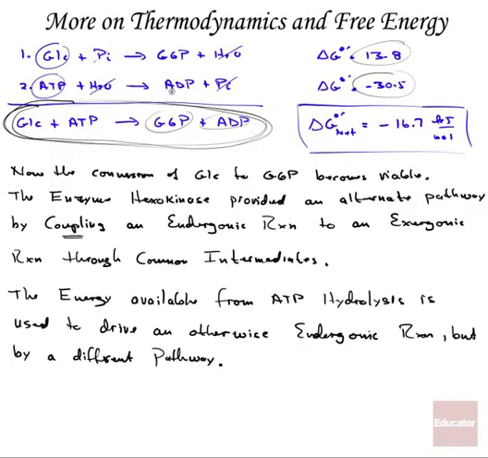So neither one of these reactions is taking place. ATP is not being hydrolyzed. Please understand that. It's very, very important. I'm sorry that it's turned out like this, that people speak so loosely. They should definitely speak a little bit more clearly, but please know that ATP is not being hydrolyzed. An alternate pathway is being provided. It's being driven by the energy available from ATP hydrolysis, this 30.5 kilojoules per mole.